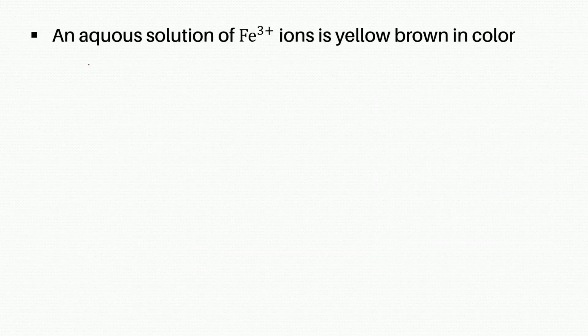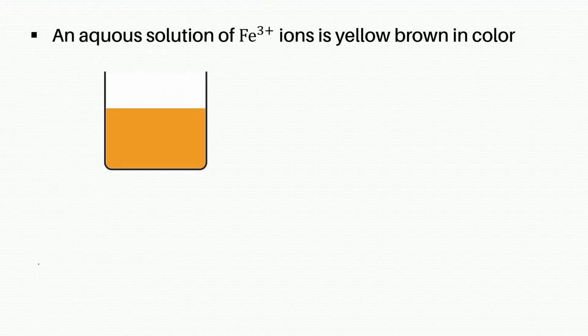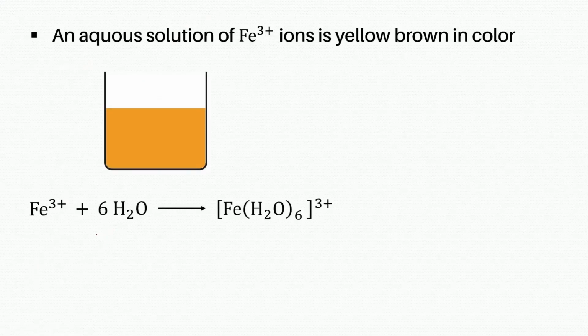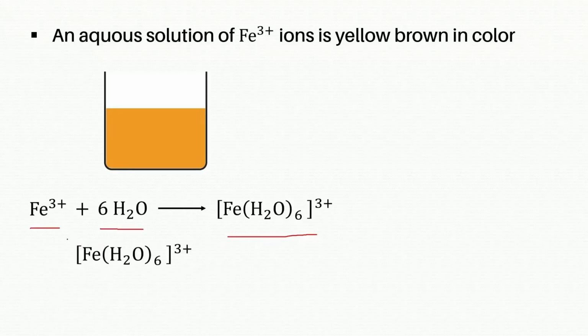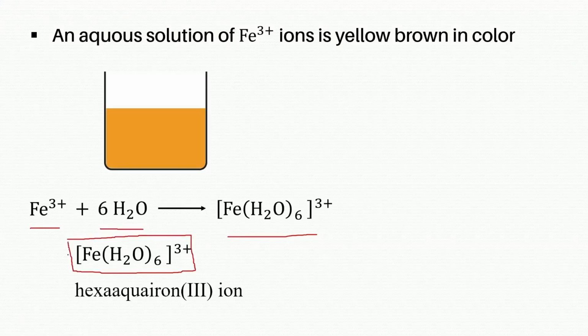Then we will move to the Fe3+ ions. Fe3+ ion solution is yellow brown in color. This is the color. Fe3+ ions can also combine with water molecules to form this type of complex ion, [Fe(H2O)6]3+, or hexaaquairon(III) complex ion.